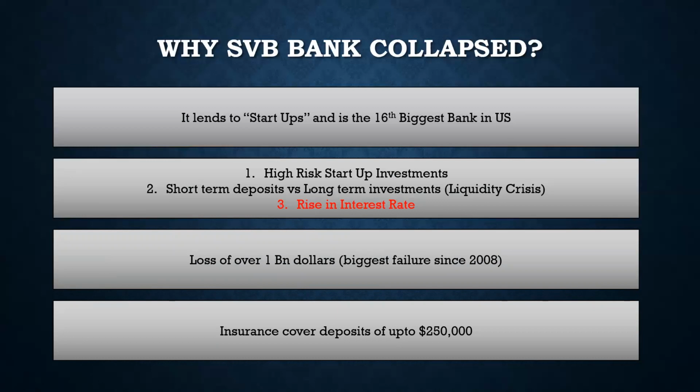But up to $250,000 is protected. Like in India, I think it is 5 lakhs. Up to that, it is protected. In the US, it is $250,000. But other than that, they are not protected, and those people might lose money, right? And that is a serious concern, right?